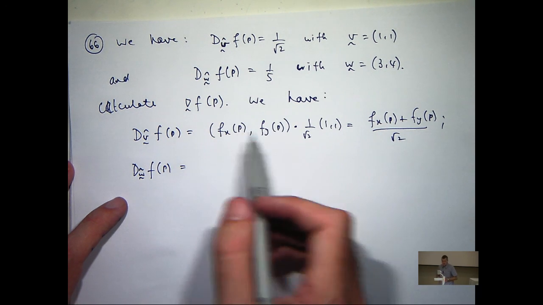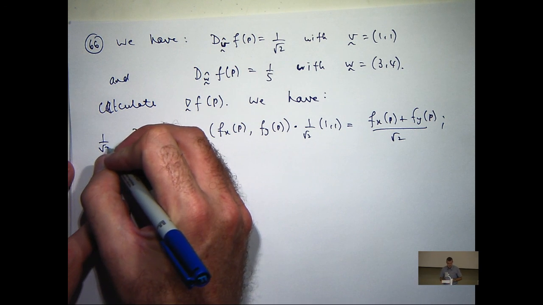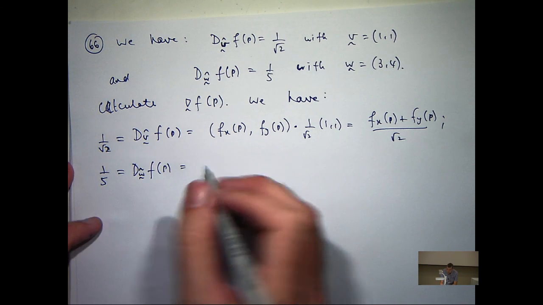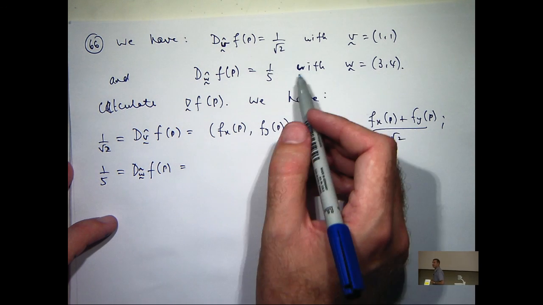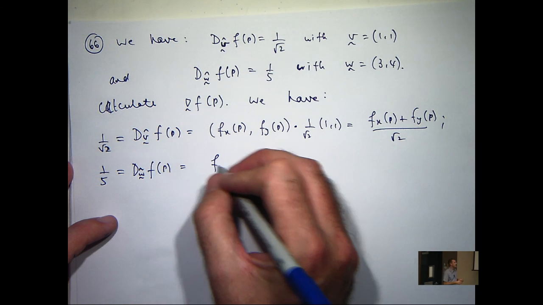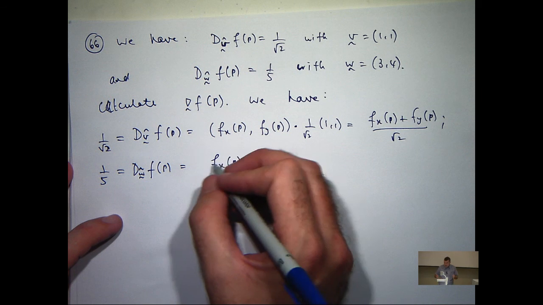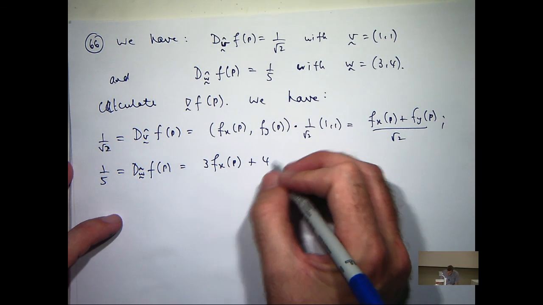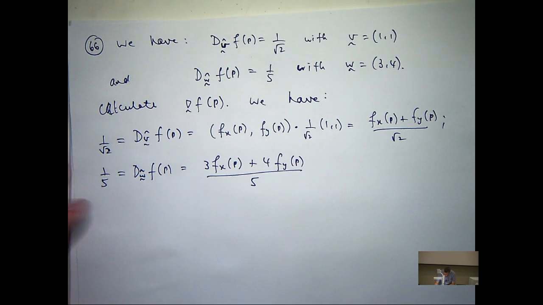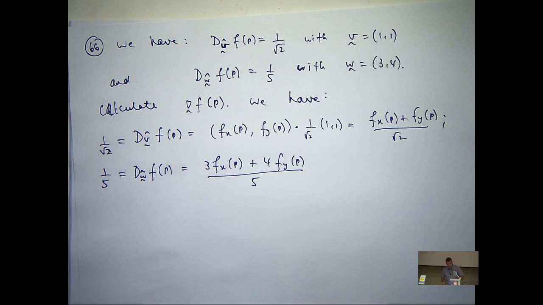So let me put that in there. Yes. So the second case, the length of that's going to be 5. So it's going to be this when you take the dot product. Okay, I've jumped a few steps there because I'm running out of time. So now you have 2 equations and 2 unknowns, 2 simultaneous equations.